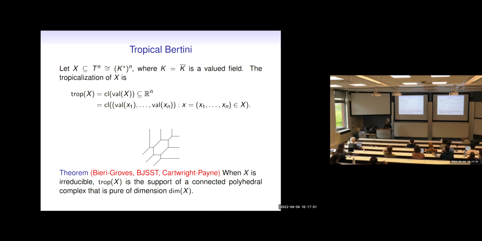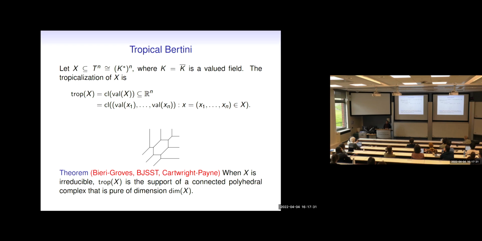The miracle, what makes tropical geometry actually work as a field, is that this is not an arbitrary subset of R to the n. There's a lot of structure. So the theorem, the first part of which predates tropical geometry by about 20 years: Bieri and Groves were geometric group theorists who were interested in this question for related but also unrelated reasons.